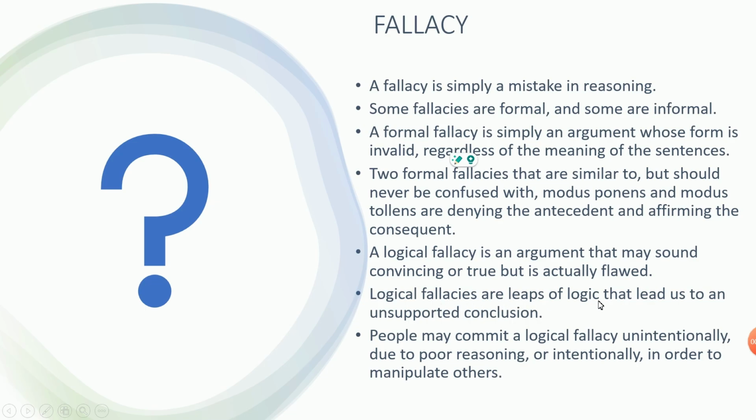Logical fallacies are leaps of logic that lead us to an unsupported conclusion. People may commit a logical fallacy unintentionally due to poor reasoning, or intentionally in order to manipulate others. So we say something partly to manipulate other people. Those things are fallacies.